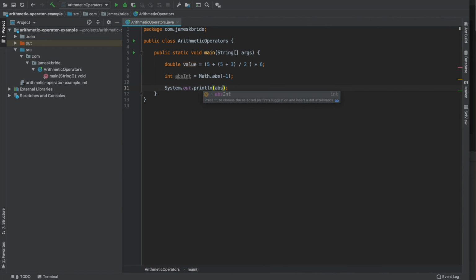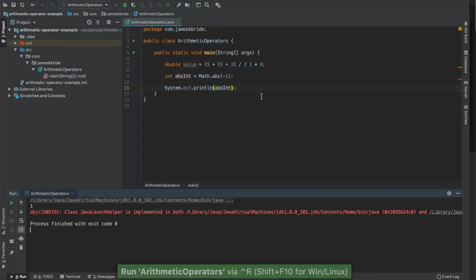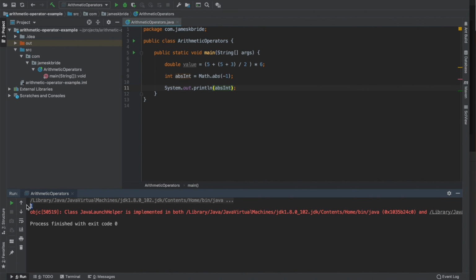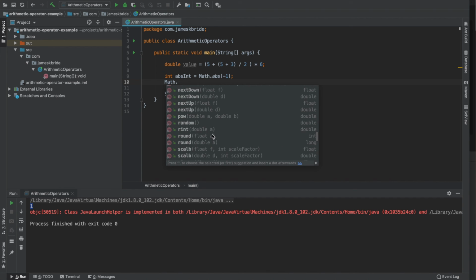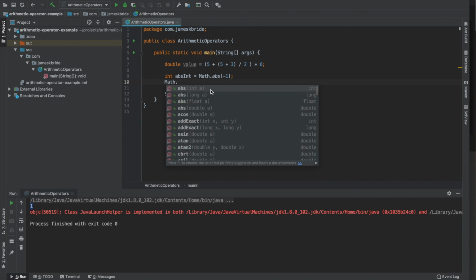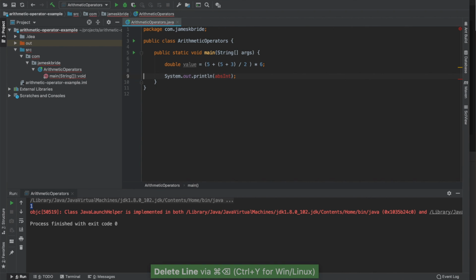Let's do abs, and then go ahead and execute that. We should get 1 from that. Yep, we do. The Math package actually has a lot in there, so I'm not going to go through it method by method, but there are lots of things you can do, and it's definitely something you should be aware of.